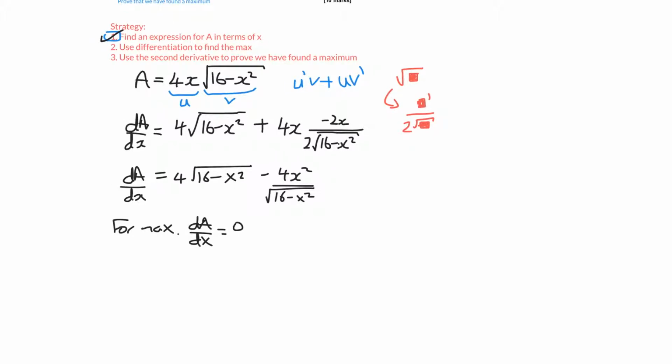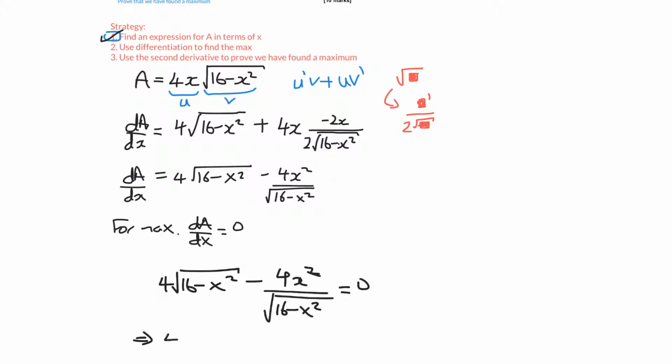So dA/dx equals 0. So we go back to, we've got 4 square root of 16 minus x squared minus 4x squared over the square root of 16 minus x squared equals 0. I think I'm going to multiply through by the square root of 16 minus x squared.